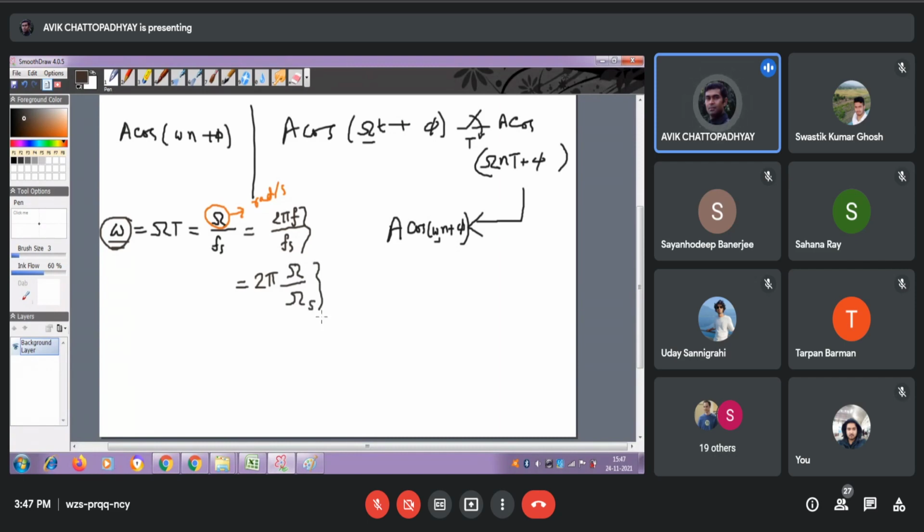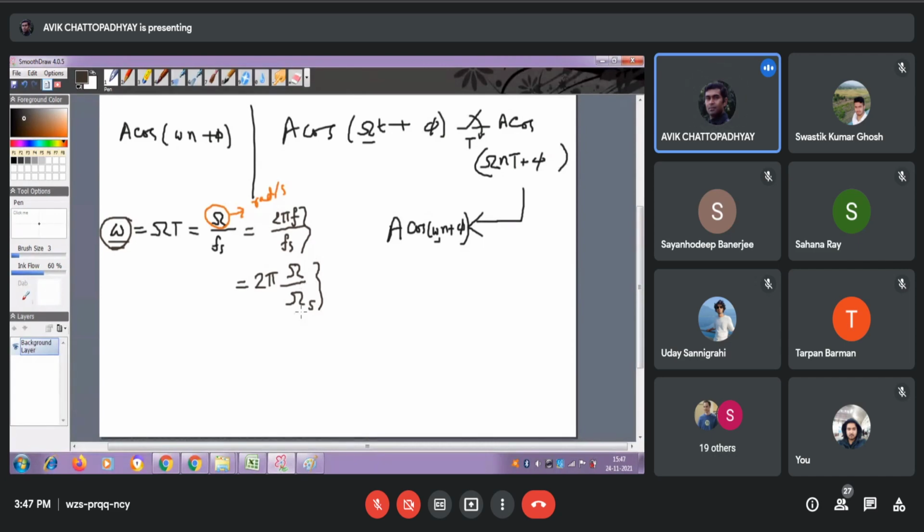Anyway, the bottom line is, if you notice carefully, capital omega is radian per second, but small omega has lost its unit, because after all this is a ratio of the same kind of parameters. So it is unitless or dimensionless.